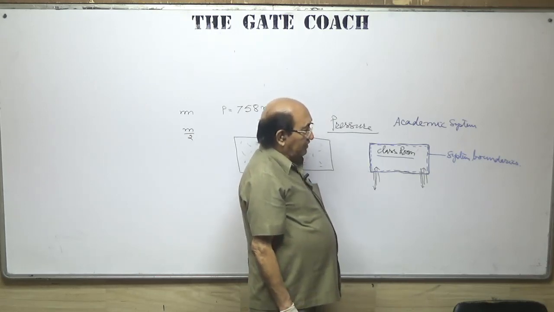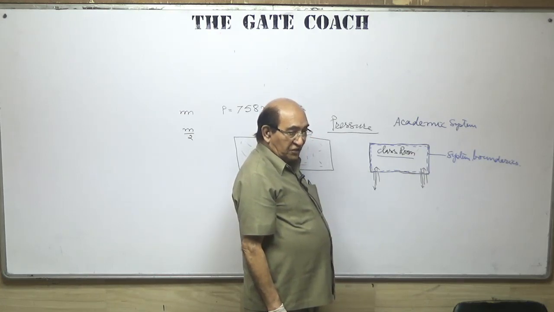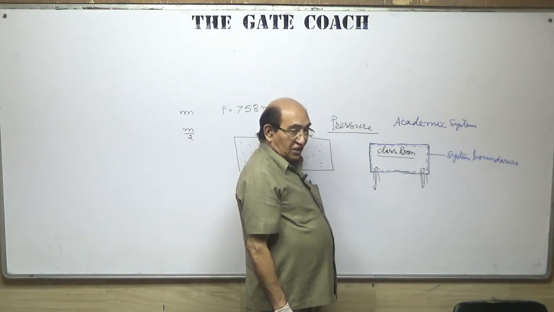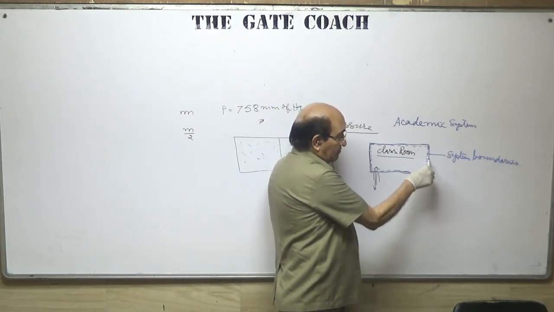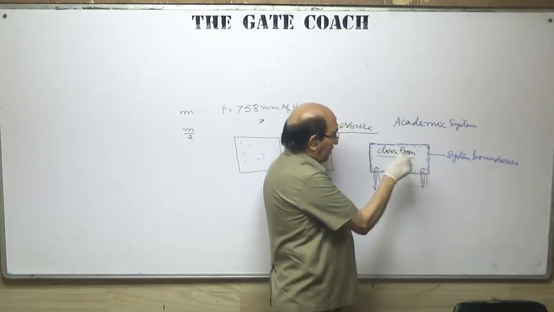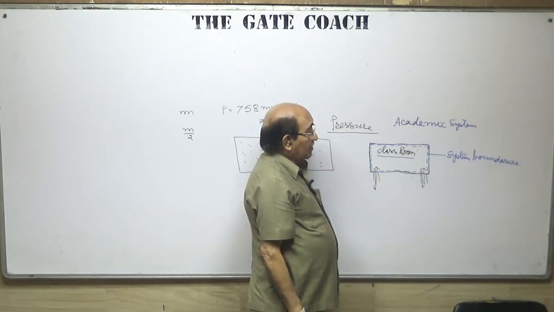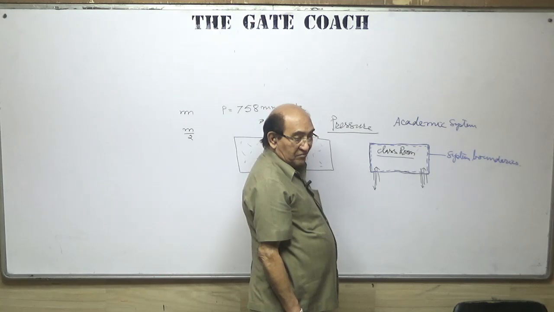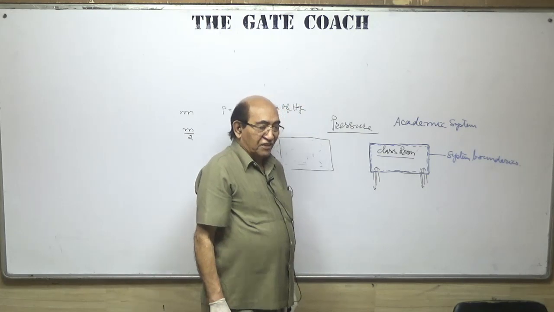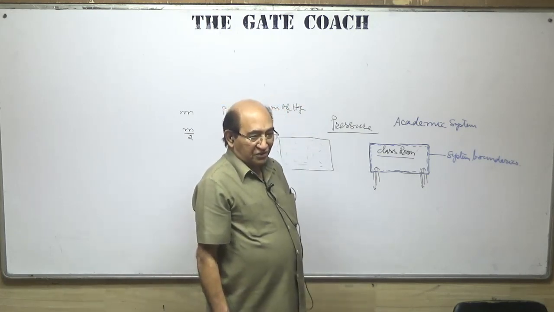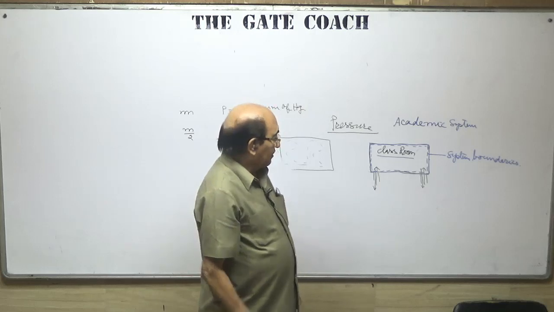You should always feel that system boundaries are along with the surfaces of the system. And these are the surfaces which are a part of the classroom. That means the system boundaries are part of the system. They are the surfaces with which the system can be distinguished from the surroundings.